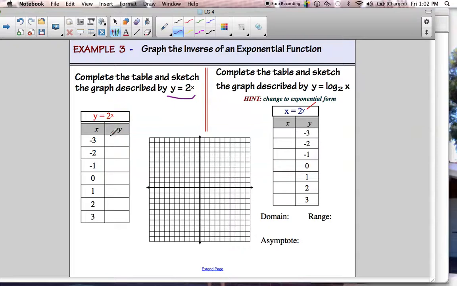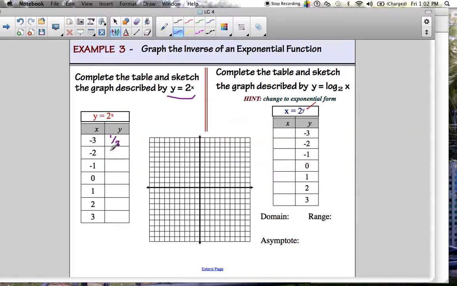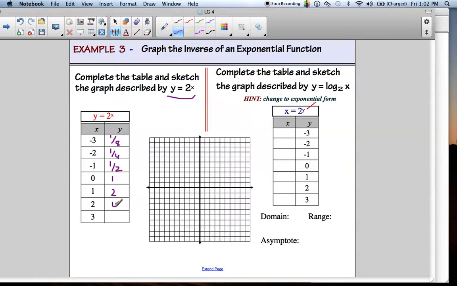So 2 to the negative 3 is 1/8. 2 to the negative 2 is 1/4. 2 to the negative 1 is 1/2. And 2 to the 0 is 1. 2 to the 1 is 2. 2 squared is 4. And 2 cubed is 8.